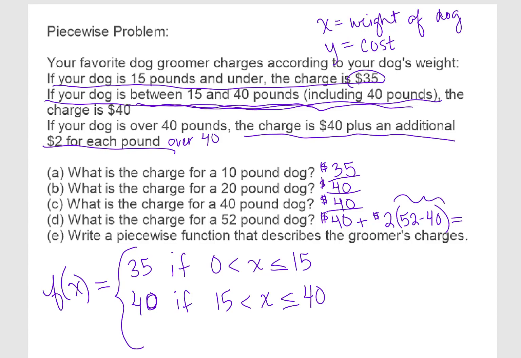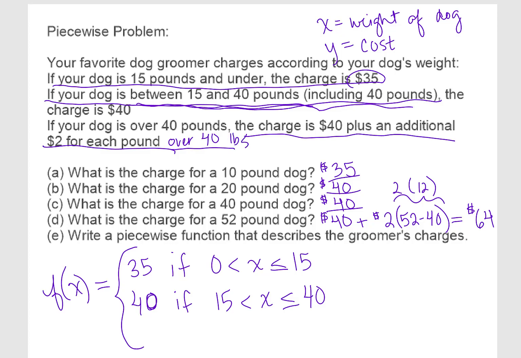So that would give me 2 times 12, which is 24, plus 40 would be 64. So a lot less. I was looking at the graph, and if we don't match it, then it might confuse you. So that's just worded a little bit funny. But if they said $2 for each pound over 40 pounds.